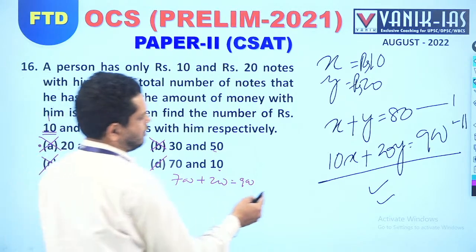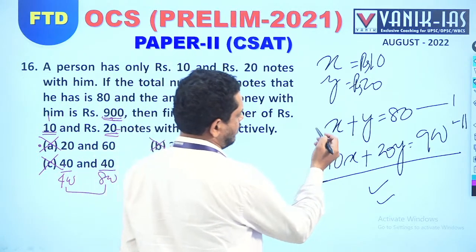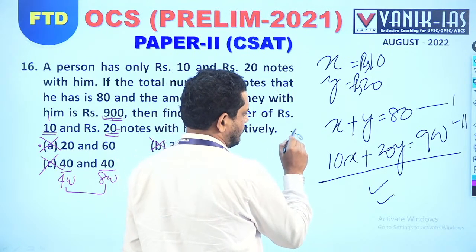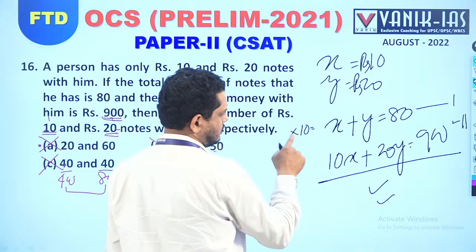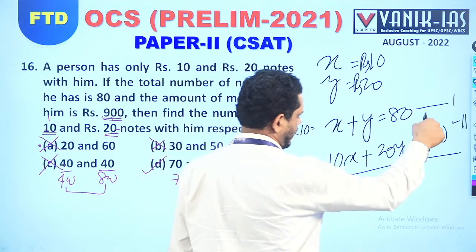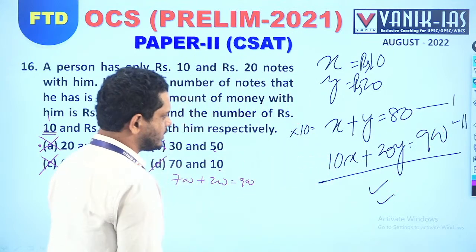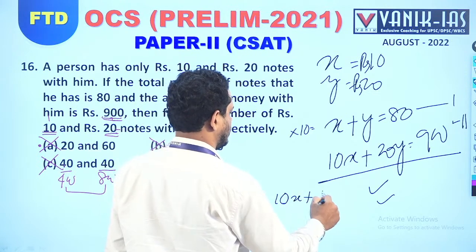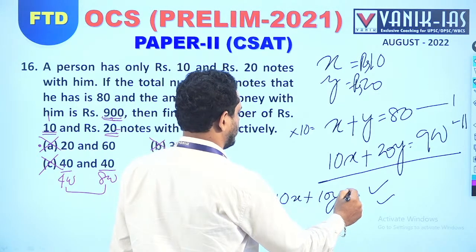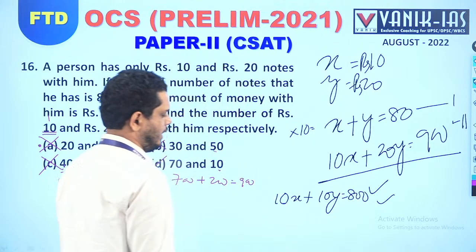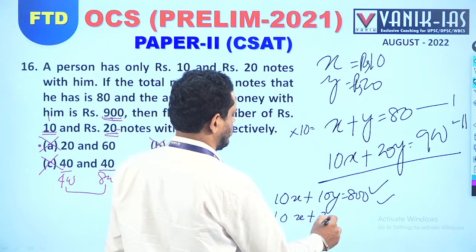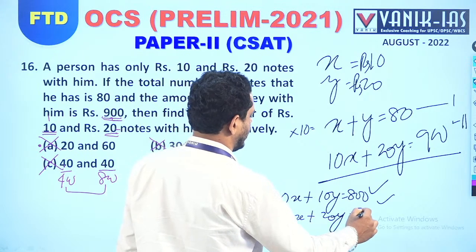Like you can check over here. Suppose multiplying by 10 to make the value the same, it becomes what? 10x plus 10y equal to 800, right? Then we have 10x plus 20y, it becomes 900.